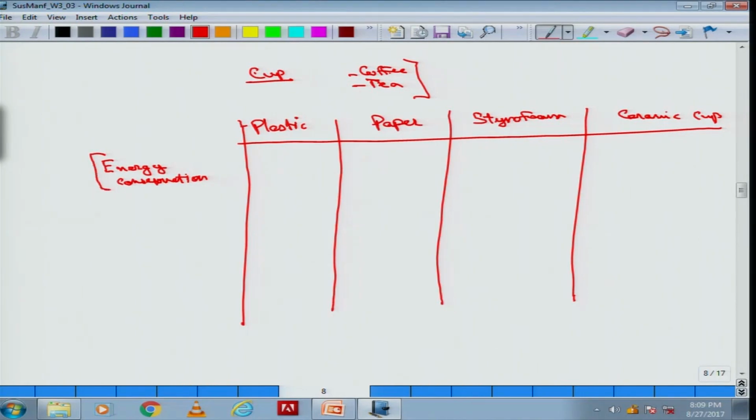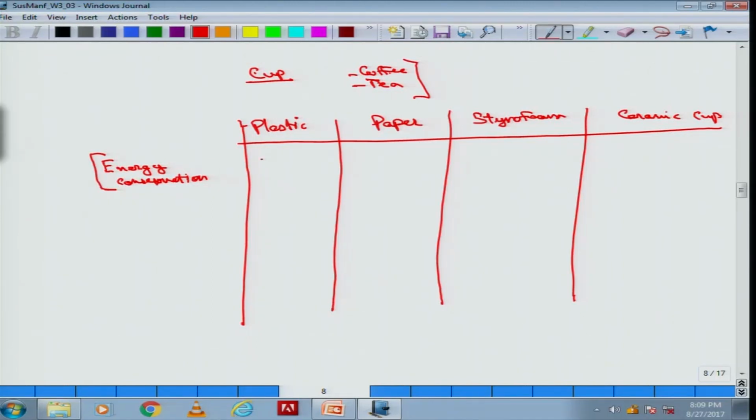So when we think about the life cycle impact, the embodied energy is the upstream and front end component here. So, energy conservation, if I say, now plastic cup needs relatively little energy to make.